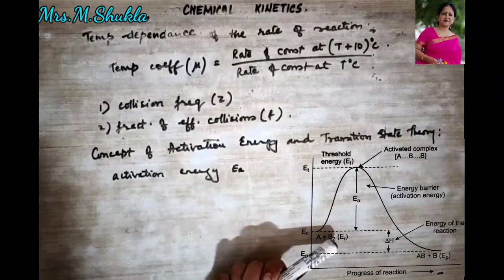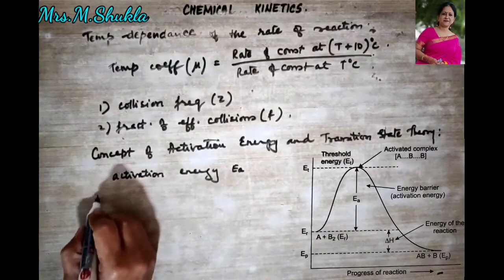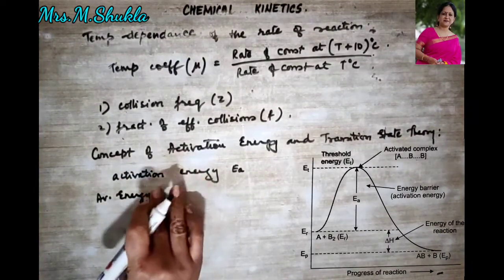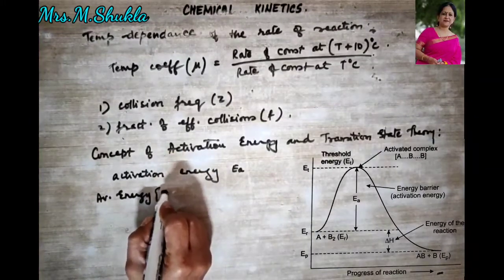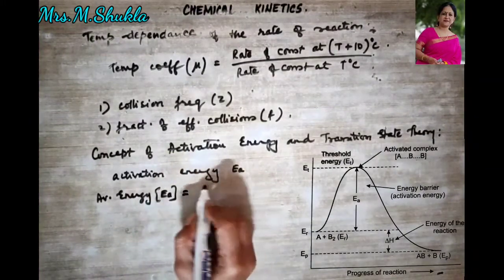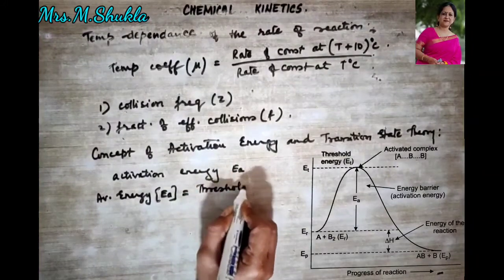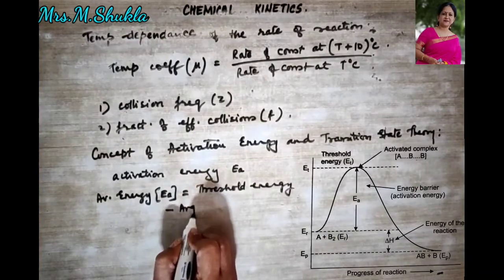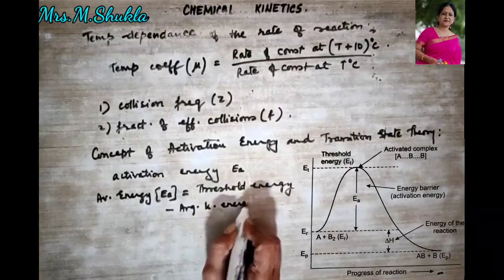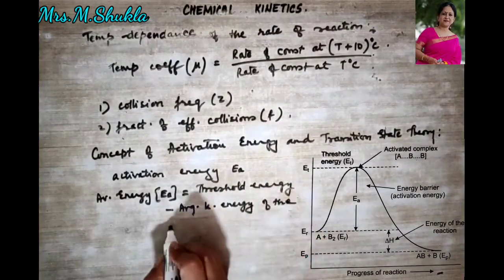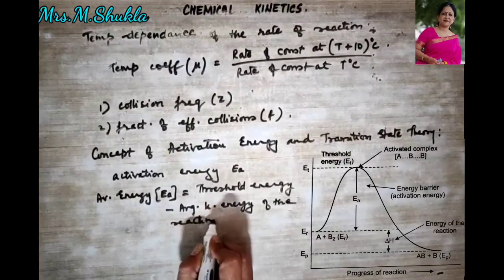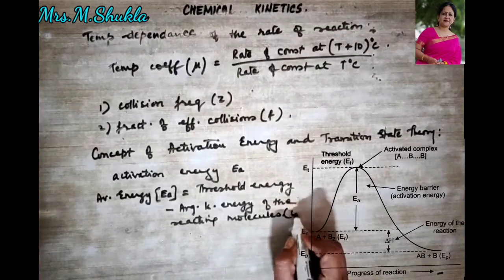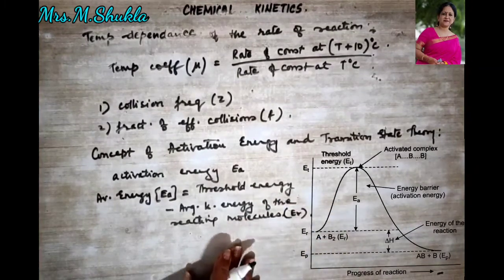If you look at the graph over here, you will see the activation energy EA is equal to the threshold energy minus the average kinetic energy of the reacting molecules, which is referred to as ER. Clear?